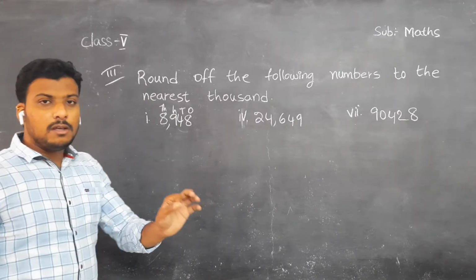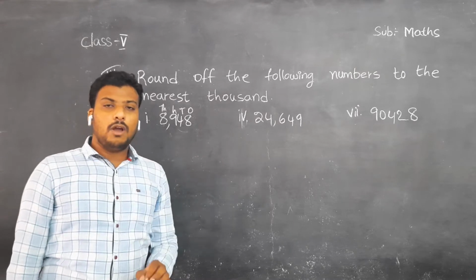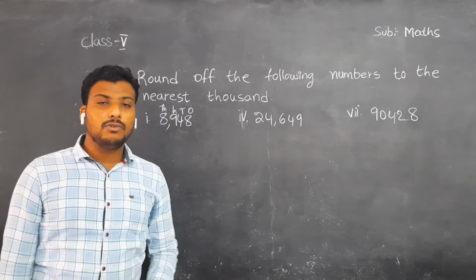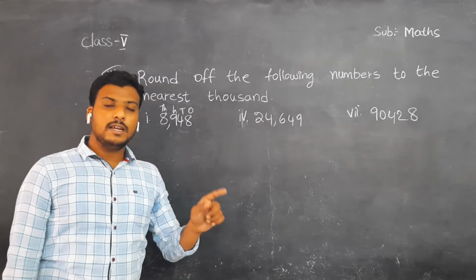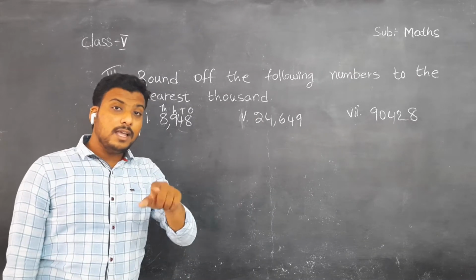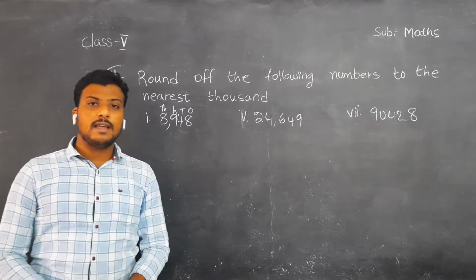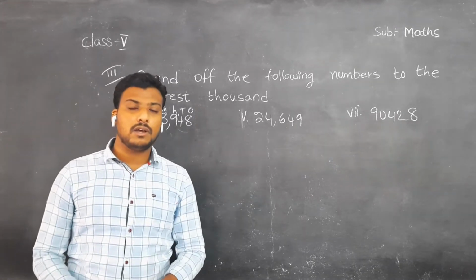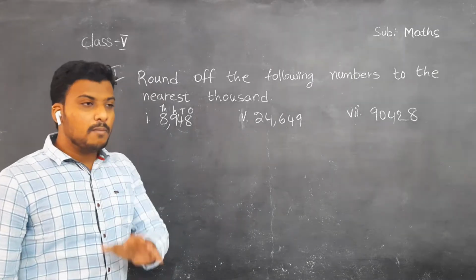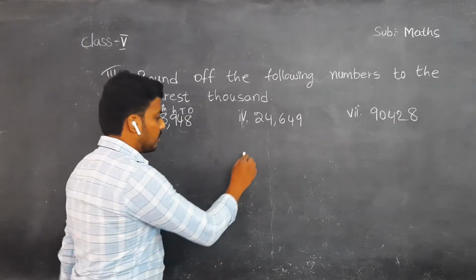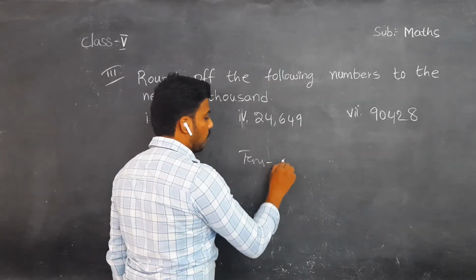When they ask to round up the given numbers to the nearest hundreds, then you have to look at tens, not ones. When they ask to round up the numbers to the nearest tens, then you have to concentrate on ones. Understand, children? Means for every step, one step is increasing. For tens, you concentrate on ones.